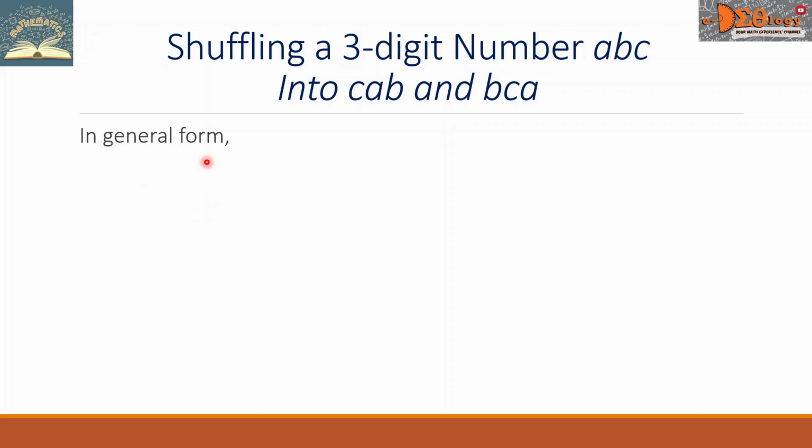In general form, let's say the number ABC is equal to 100A plus 10B plus C. What about the CAB?